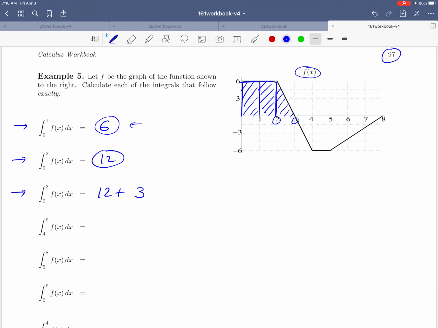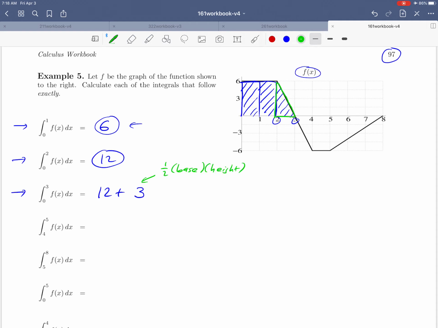If you're uncomfortable with where that 3 came from, remember, you can go back to the geometry formula for the area of a triangle. I'm just going to highlight that triangle. We made the claim that the area is 3. You could come up with that 3 by using the geometry formula 1/2 base times height.